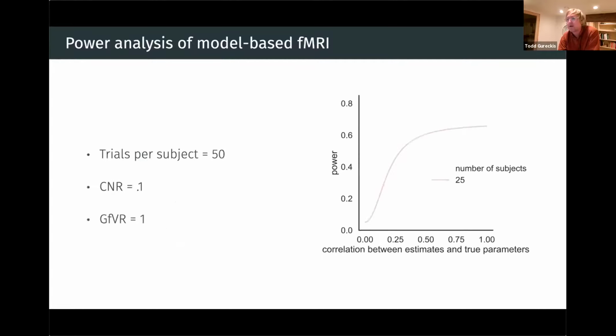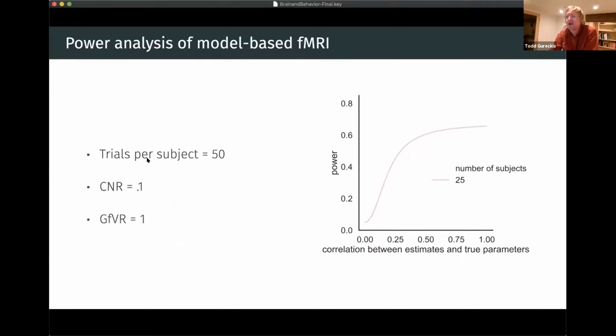And then the expected power is going to depend on the expected value of T and N. So taking a look at how this plays out, we can plot here a case where we have an experiment with 50 trials per subject, with certain parameters associated with the noise parameters and the between subject variance parameters. And the CNR in this case is probably set a little bit low relative to what is typically reported in the field, but we'll just use this as a case example here.